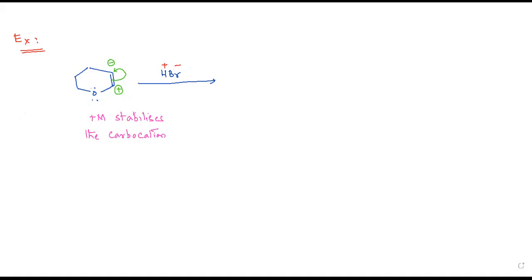Positive means deficient, so give it. That means you need to have something releasing. So plus M stabilizes the carbocation. This is the logic to be applied. Now it's of course very simple. Negative, initially this. Of course, even this also. Go for both at a time and write the final product. What do we get? Okay, bromine here. That's it.